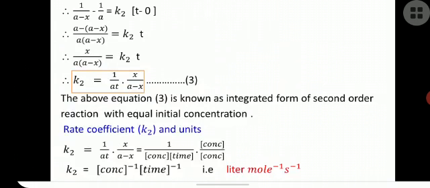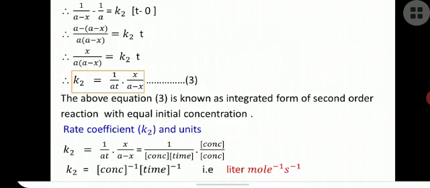Rearranging this equation, (a minus (a minus x)) divided by a into (a minus x) is equal to k2 into t. a in the numerator gets cancelled. Therefore, the equation becomes x divided by a into (a minus x) is equal to k2 into t. Therefore, k2 is equal to 1 upon a t into x divided by (a minus x). It is equation number 3.